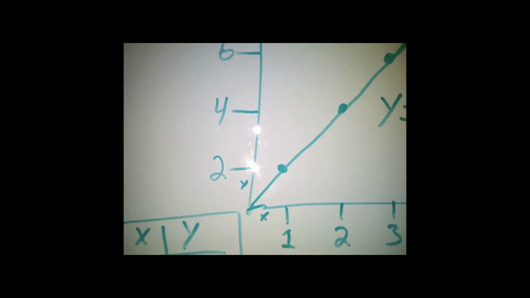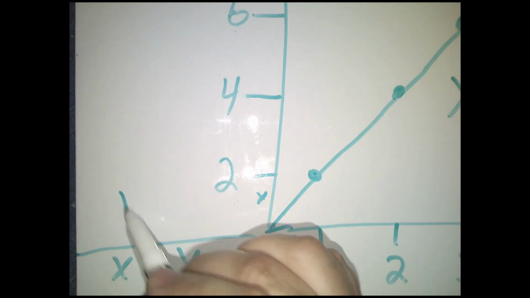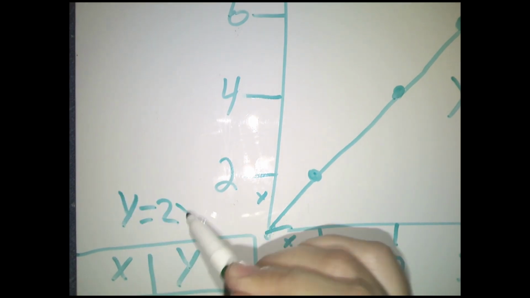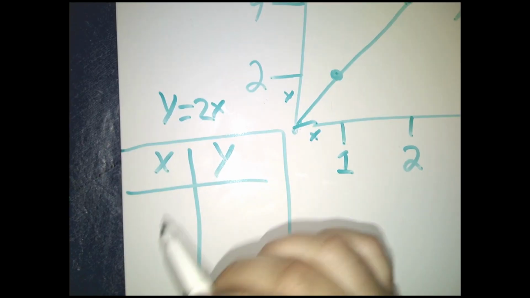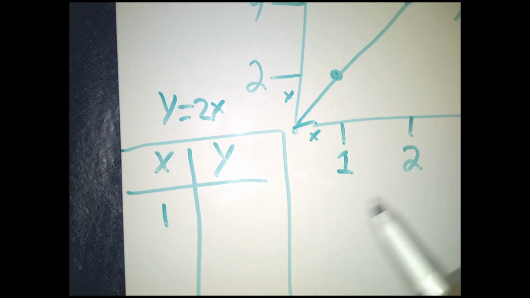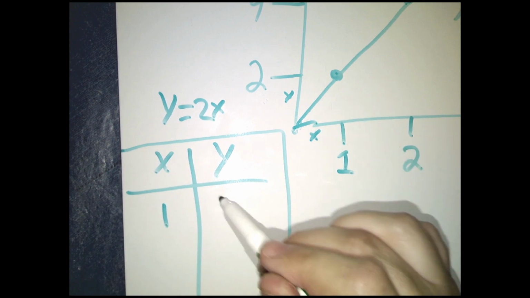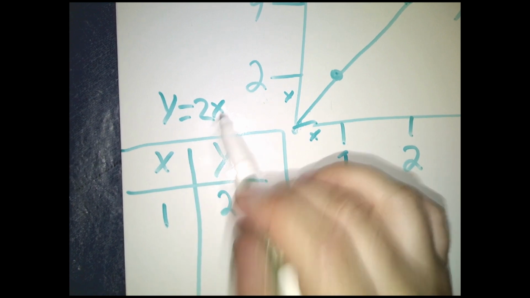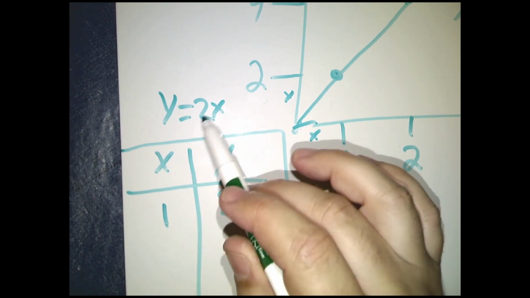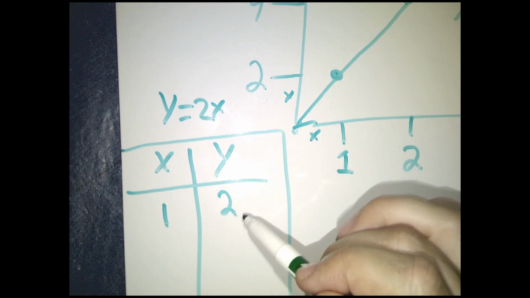So to figure out the slope, let's go ahead and write the equation over here. And let's look at our x and y values. Our x value is 1, and that gave us a 2. And that makes sense because if we replace x with 1, 2 times 1 is 2.